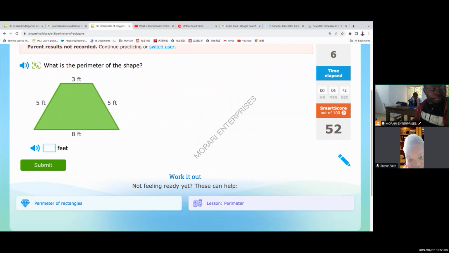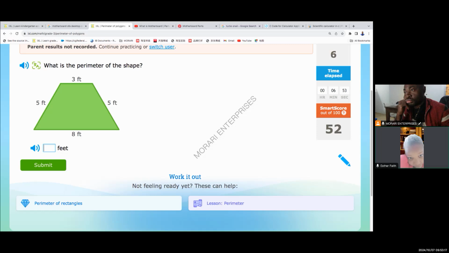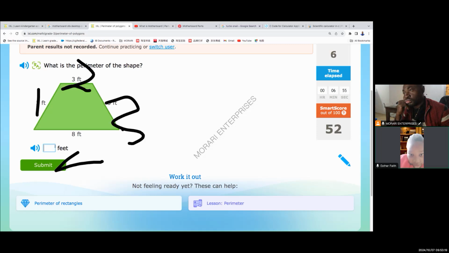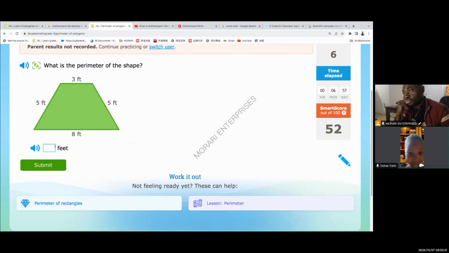Read the question. Five plus 8 is 13. 13 plus 8 is 21 feet.